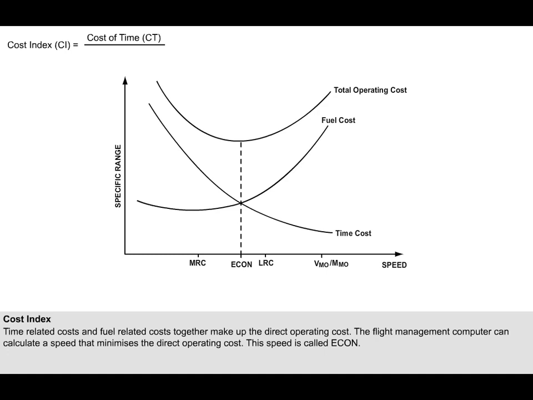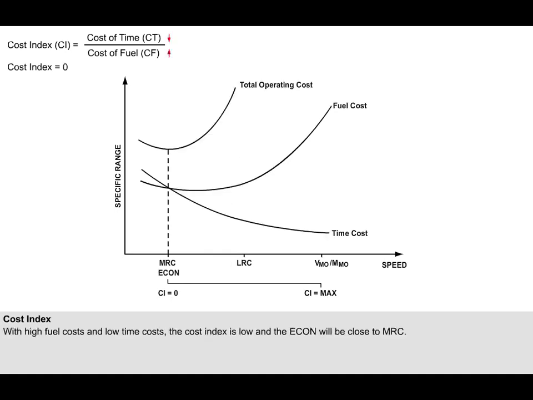As a formula, the cost index is a ratio of cost of time, CT, divided by the cost of fuel, CF. When fuel costs are high and time costs are very low, then the cost index is almost zero. With a cost index of 0, the econ speed is at the maximum range speed.